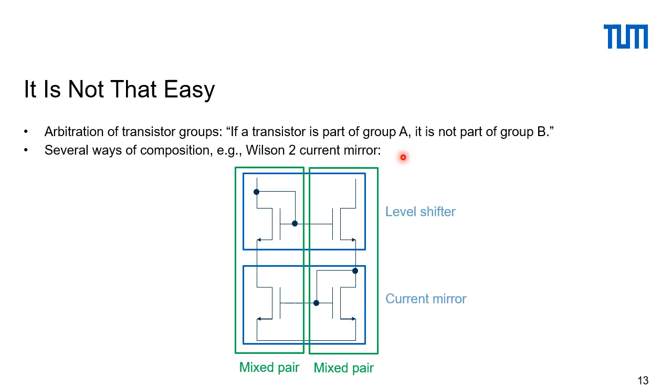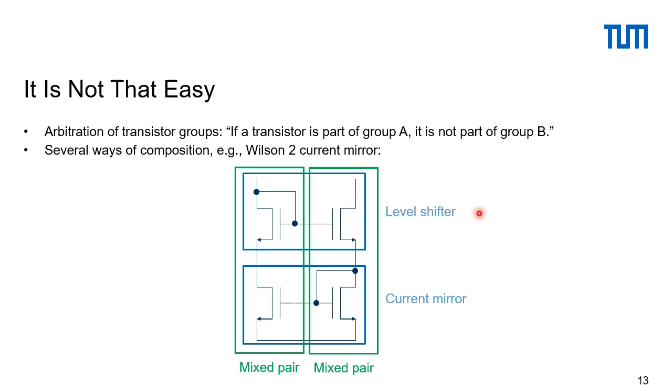Another problem is that what I have presented before is just one way to compose, for instance, a pair of pairs. Here, the Wilson current mirror, right? So this is the overall shape. If you do it like this, you can say that's what we defined before. It's a current mirror, and on top of that, there is a level shifter.